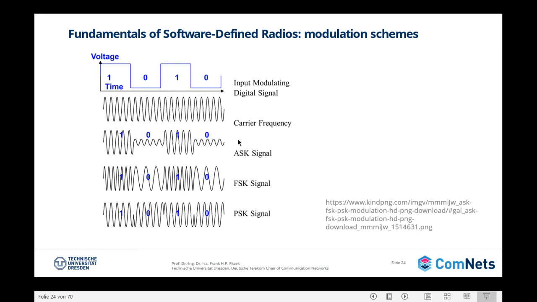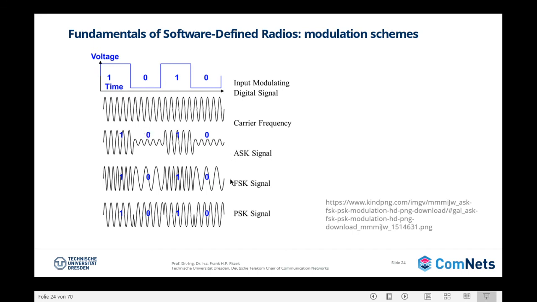So in amplitude, we can modulate information by assigning the bit 1 a higher amplitude and the bit 0 a lower amplitude.